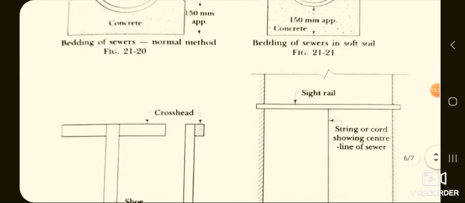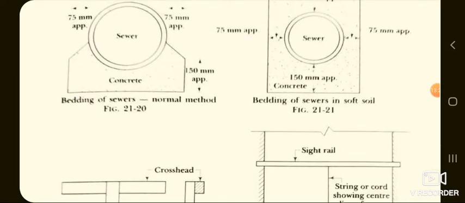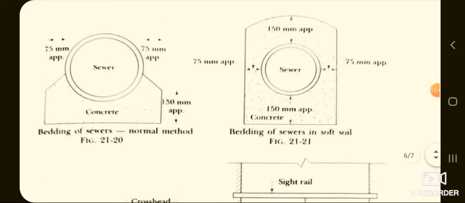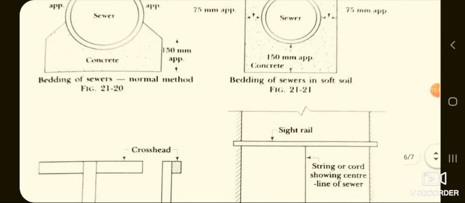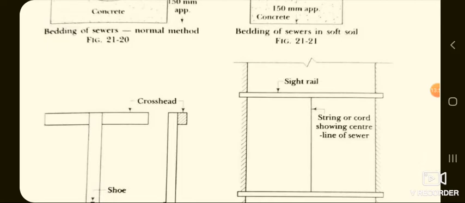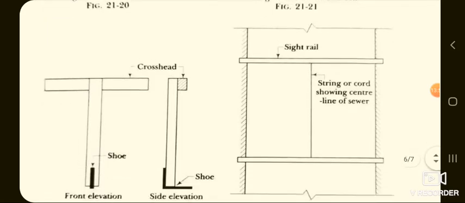You can go through figure 21-20 here, where the bedding concrete is provided. Figure 21-20 shows the bedding of sewers, which is the normal method, and here for circular pipes, circular sewers, bedding of sewers in soft soil, the concrete is surrounded by the pipe like this, that is to avoid the misplacing of the pipes.